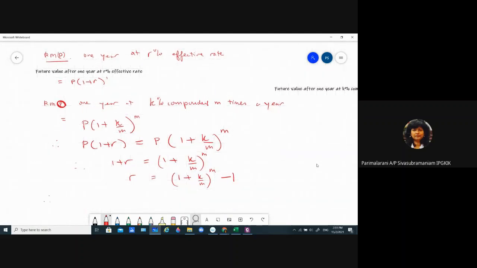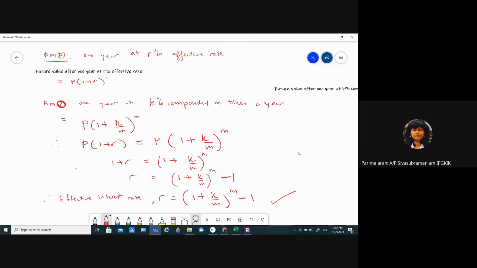So therefore effective interest rate R is equal to (1 plus K over M) to the power of M minus 1. This is the formula for effective interest rate.